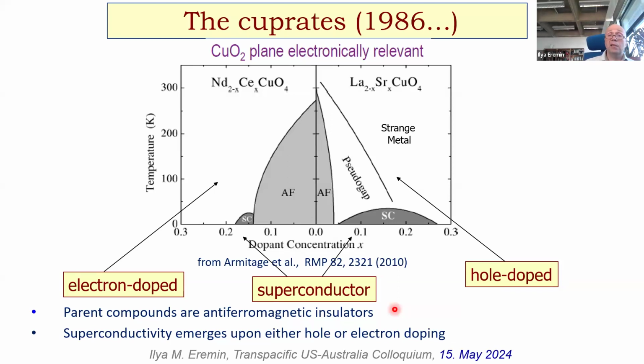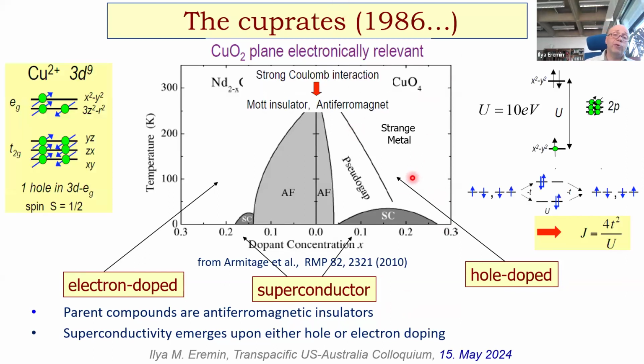Okay, so this is the cuprates, and let me, of course, mention to you that in contrast to helium-3, the cuprates are far from being a Fermi liquid. What we know by now is that at zero doping, the copper stays in these cuprates in the 2+ valency, which corresponds to 3d9.